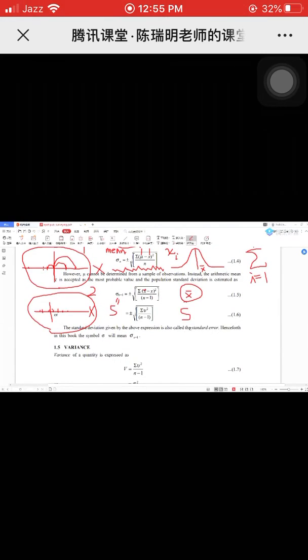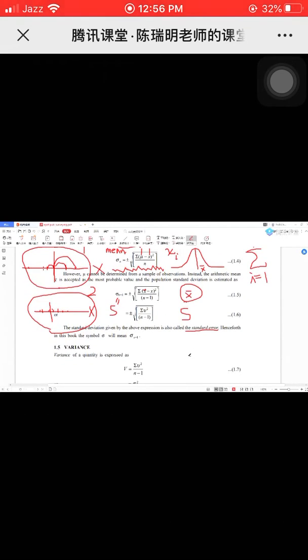Okay, so this one is called the standard error. If you like, you can also call it standard deviation, but standard error is probably more accurate to capture the intrinsic meaning of this one. Because in this expression, the numerator represents the total error from the mean.